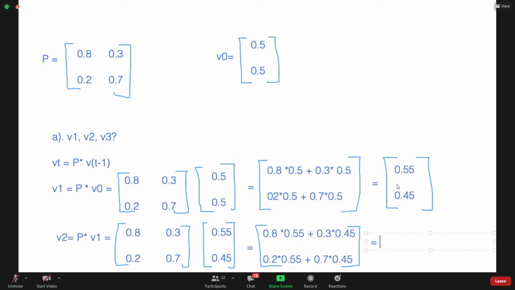If you do the calculation on your calculators as well, what you should obtain is the probability vector in the second position, so V2, which should be equal to 0.575 and 0.425. Again, how do I know I did a correct job?